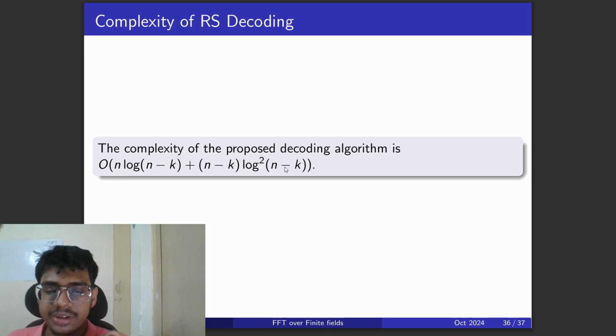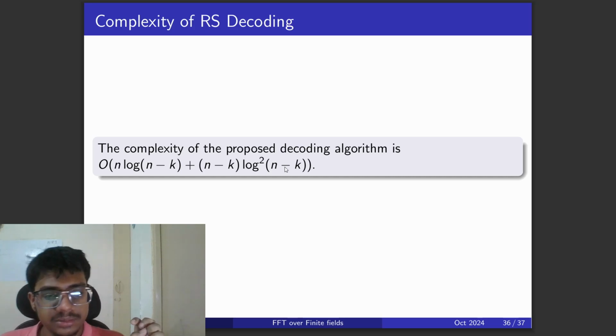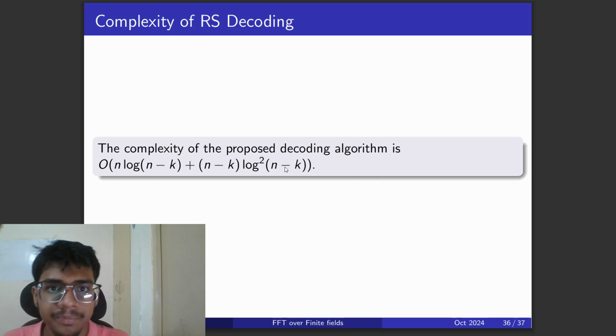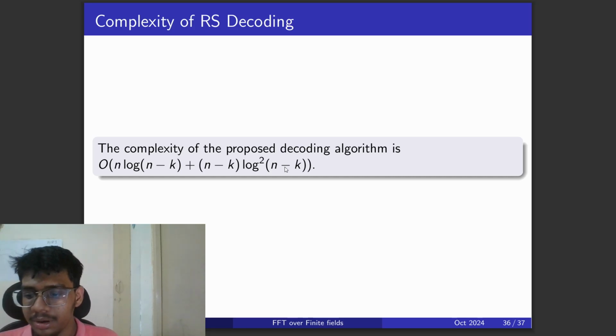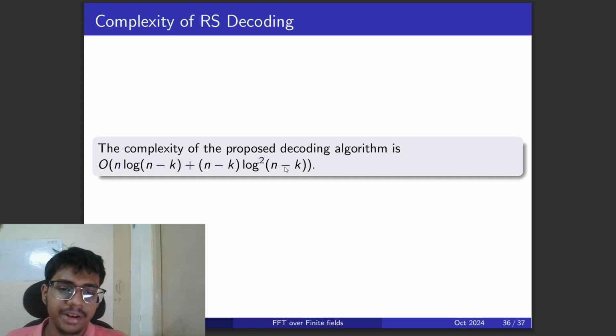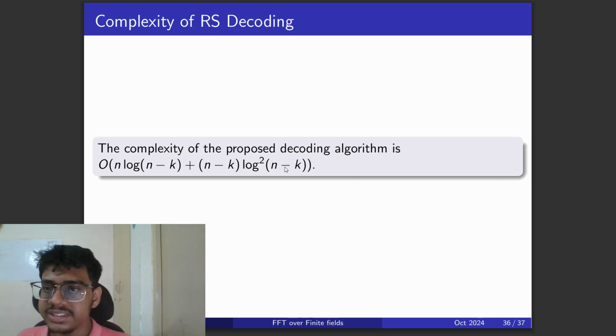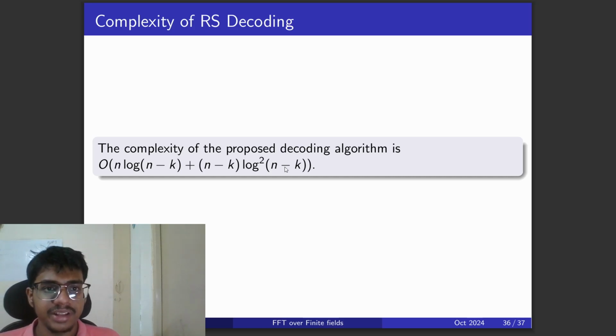So this was our Reed-Solomon encoding and decoding algorithm. This is generally used in computer hardware, where if there are error messages in our hardware, then this Reed-Solomon code is used.